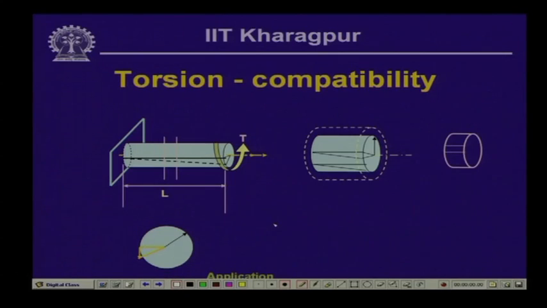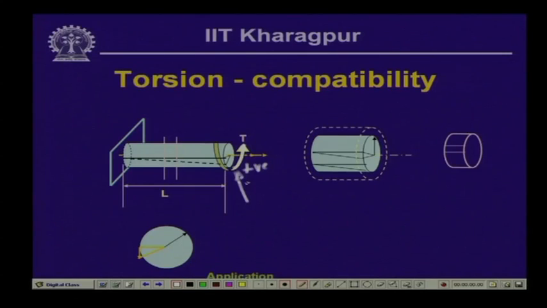in this, if you remember, this is the bar which is having the cross section of a circular nature, and it is a solid circular bar which is subjected to a twisting moment T, and this we had defined as a positive twisting moment, because it is acting in an anticlockwise form and the thumb is projecting towards the positive x axis, which we have denoted as the positive twisting moment.